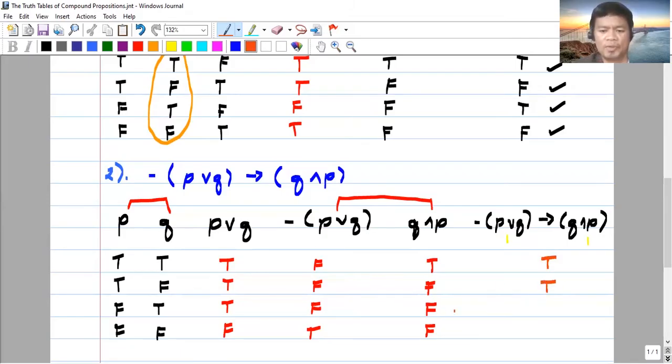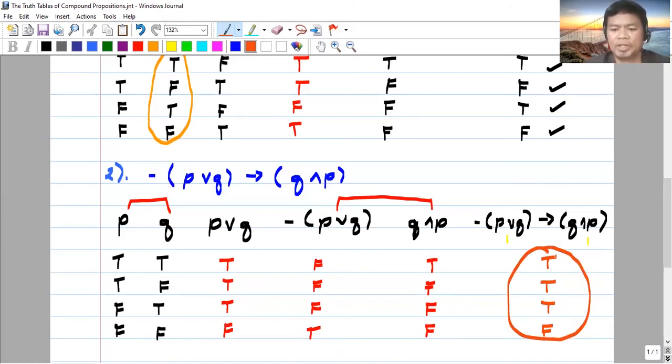And true implies false is false. So that is our truth values for the compound proposition. The final answer: we have true, true, true, and false.